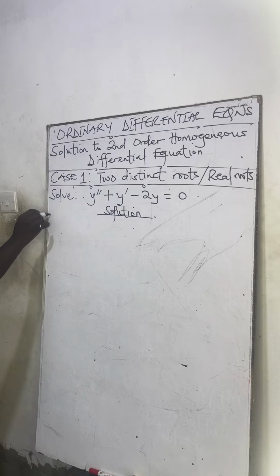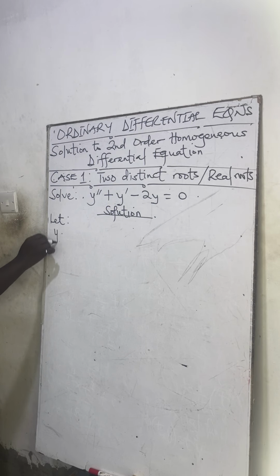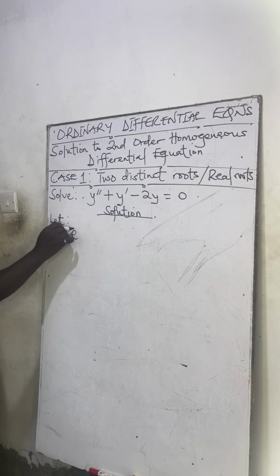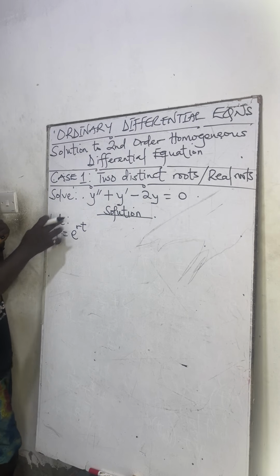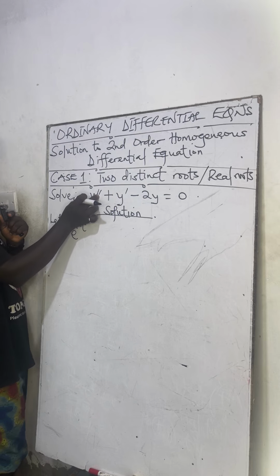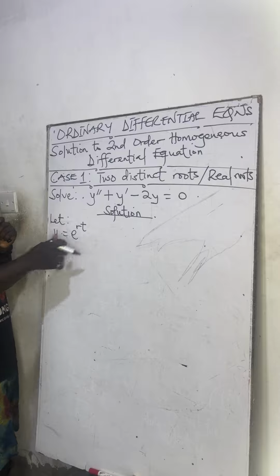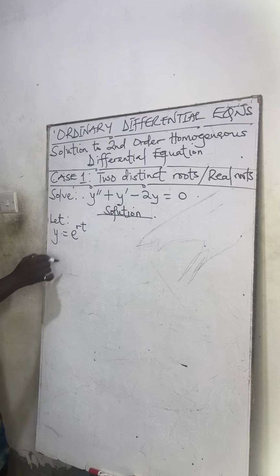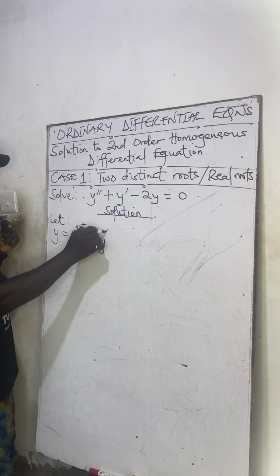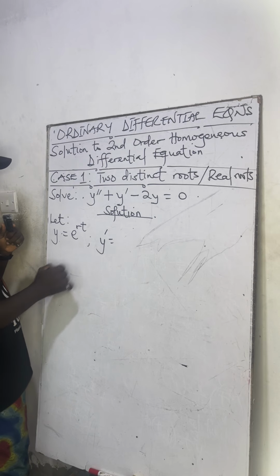First and foremost, we let the solution, which is y, be equal to e exponent rt. Because we are dealing with second order, we'll be differentiating this y with respect to t two times. So we get y prime, the first derivative.